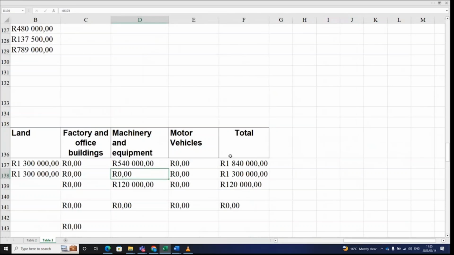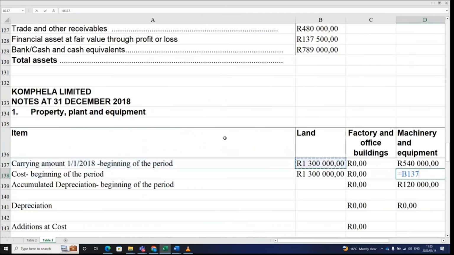This means that cost less accumulated depreciation is the carrying amount.